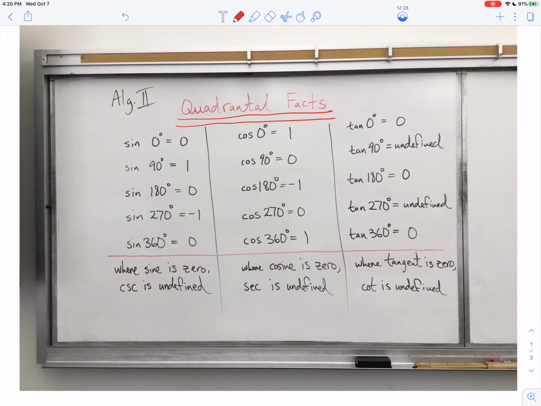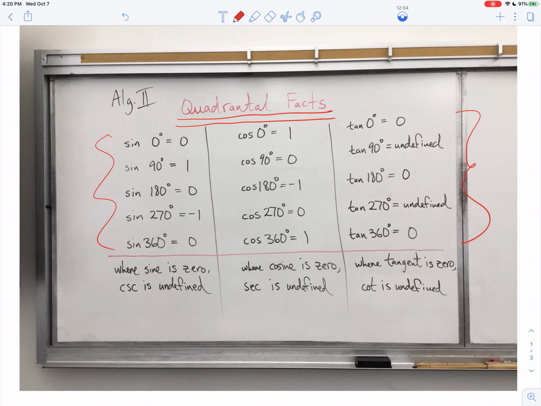So sine, I just did this one on the calculator for you, but here's a little chart to keep in mind. Notice, when I try to take the cosine of 0 on my calculator, it'll say 1. If I tried to take the cosine of 90, it'll say 0. And so on. So these are the quadrantal angles here.